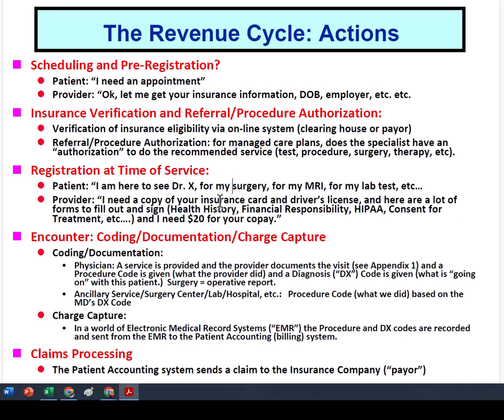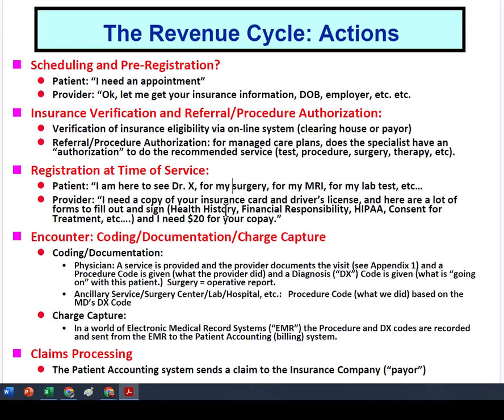Then there's a claims processing function where the charges get billed to the insurance company, right? And from there on, we're in the patient accounting system, which is a separate system from the basic accounting system that manages this whole process.